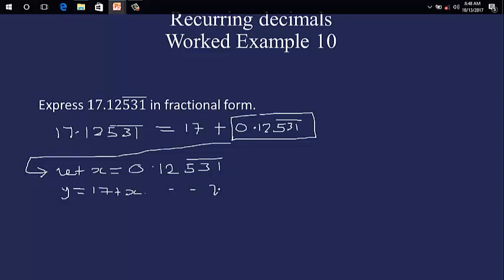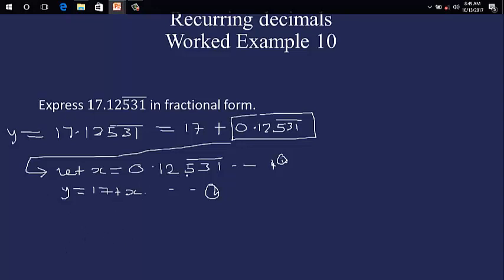Let's call this equation 1. If you like, this is not necessary, but you can do it for presentation purposes. So this is our y.